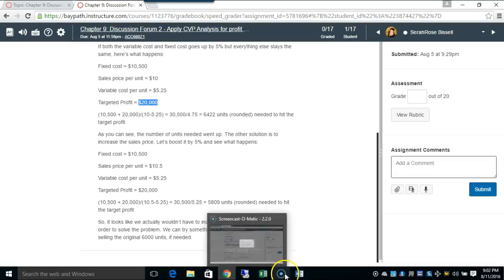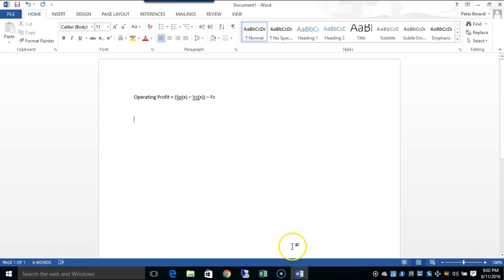So essentially, what you're saying to yourself is operating profit is $20,000 equals our equation. So you know that the number of units is 6,000, you know your variable cost is $5.25, and you know your fixed costs have come up from 10,000 to 10,500.